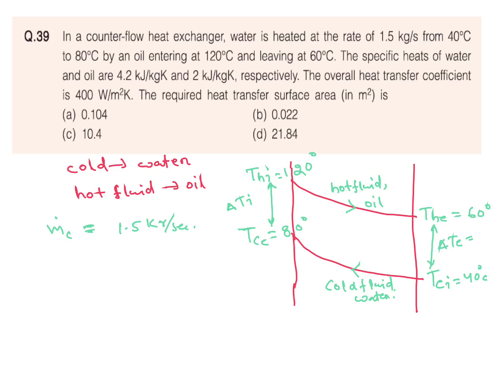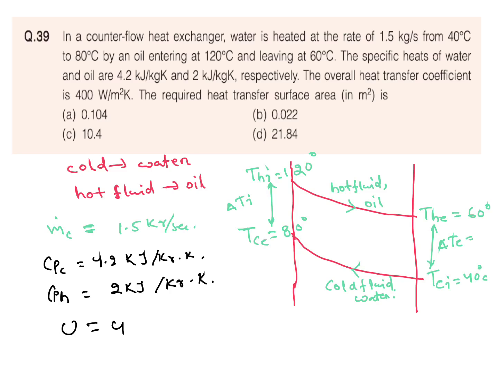Cp is also given: Cp of cold fluid is 4.2 kJ per kg Kelvin, and hot fluid Cph is 2 kJ per kg Kelvin. Overall heat transfer coefficient U is 400 watt per meter square Kelvin.